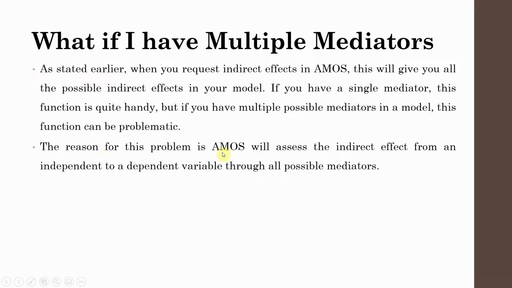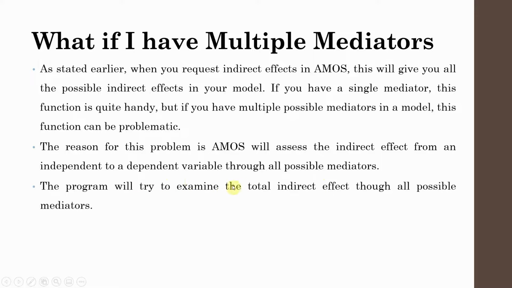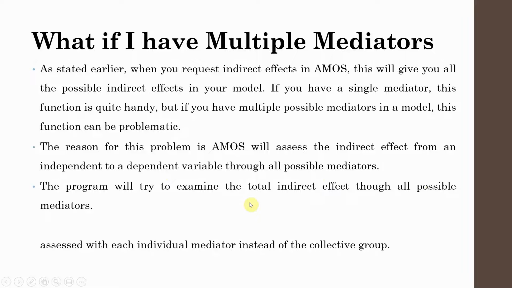The reason for this problem is AMOS will assess the indirect effect from an independent to dependent variable through all possible mediators. It will not separate the effects for each mediator. This has to be done manually. The program will try to examine the total indirect effect through all possible mediators.